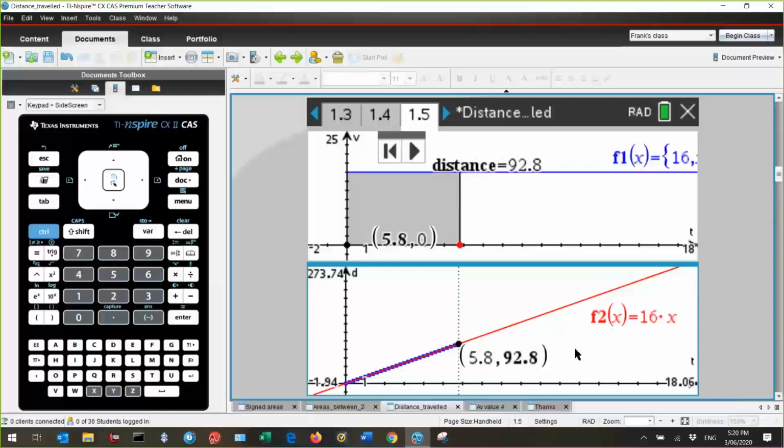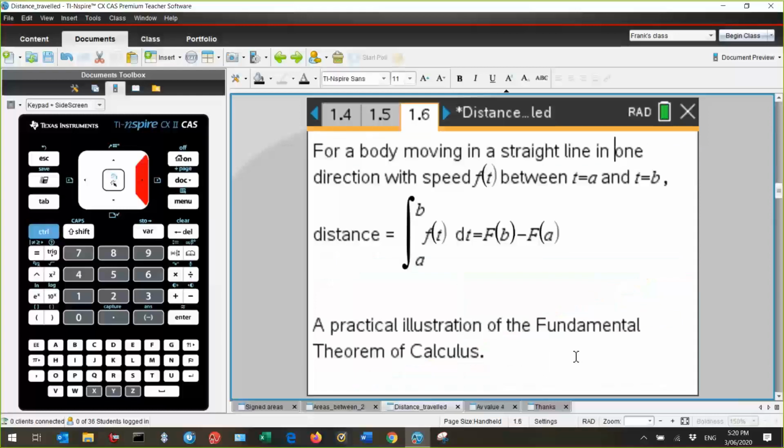So we can see the relationship between the antiderivative and the integral as well. Okay, so that just illustrates what I was saying, that the distance is given by the area under the graph.